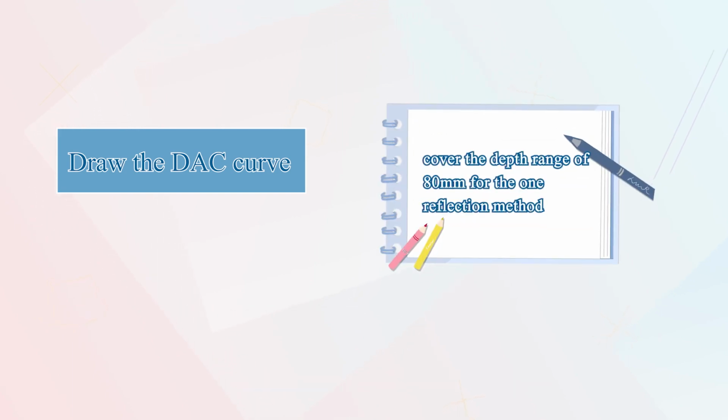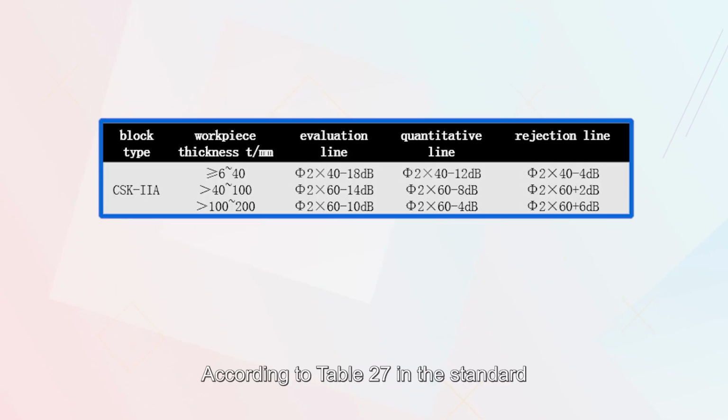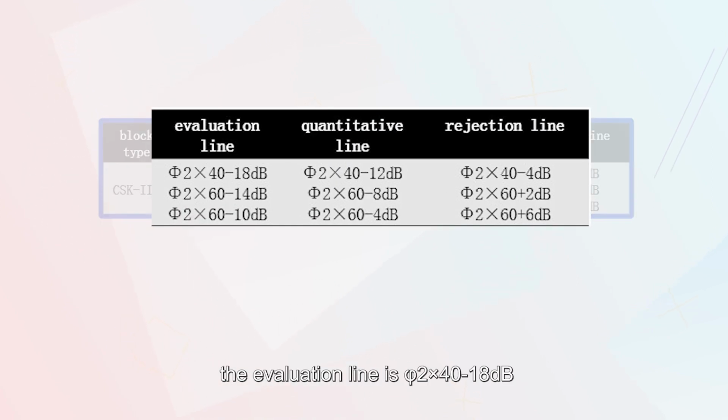4. Draw the DAC curve. The range of the DAC curve should cover the depth range of 80 mm for the one reflection method. According to Table 27 in the standard, the evaluation line is φ2×20 minus 18 dB.